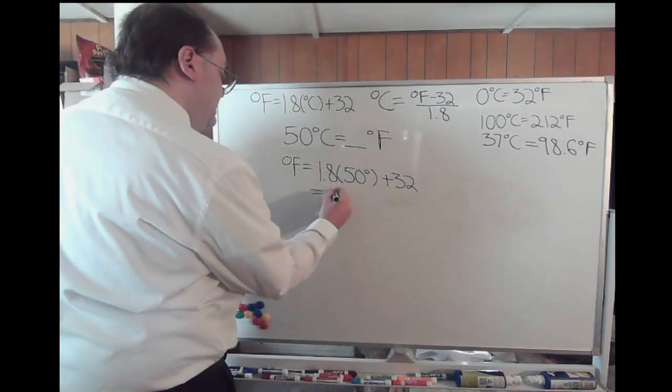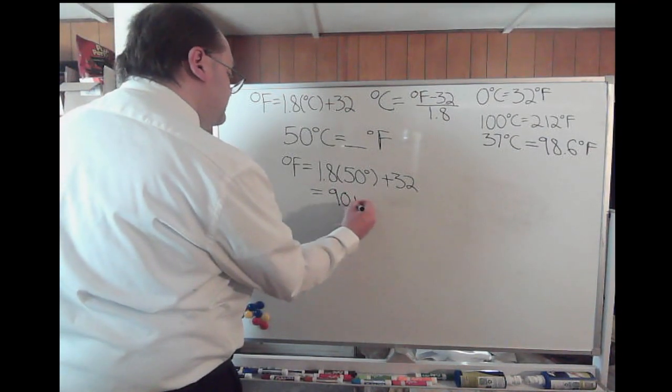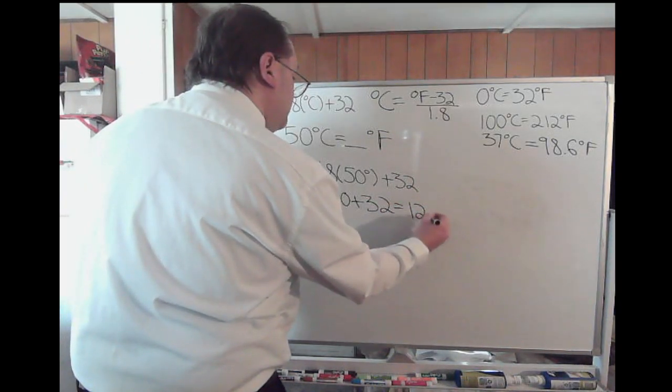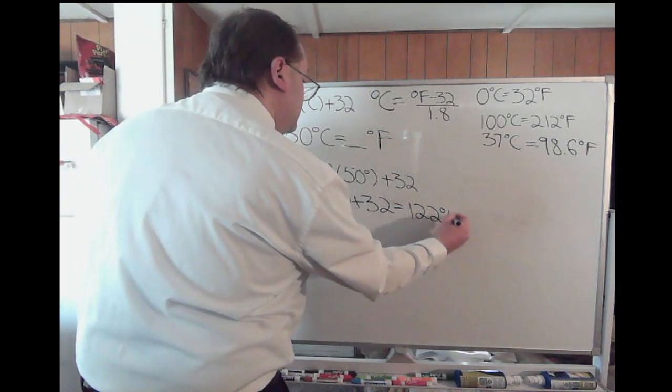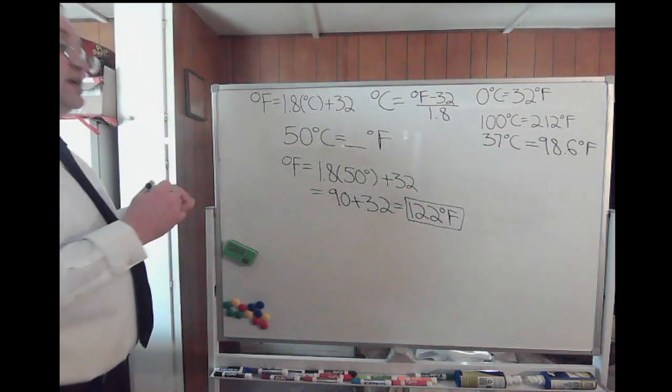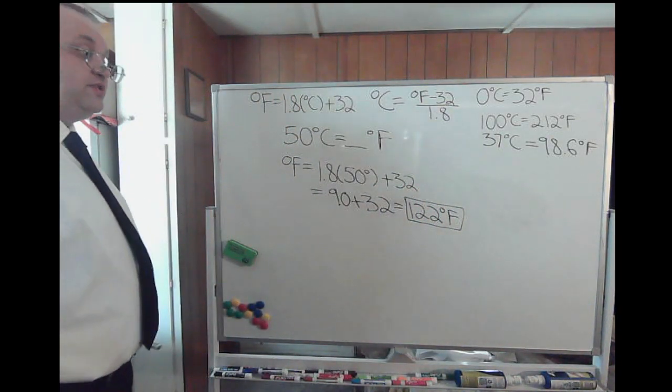That's equal to 90 plus 32, which would be equal to 122 degrees Fahrenheit. So if it's 50 Celsius, you know you're in for a real hot day. That would be 122 degrees Fahrenheit.